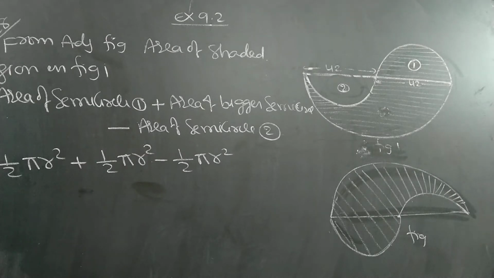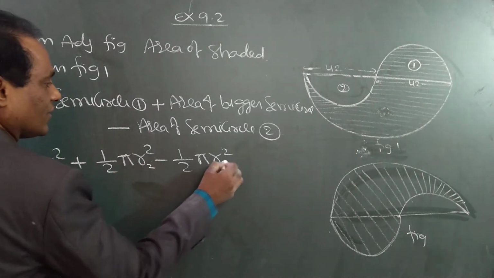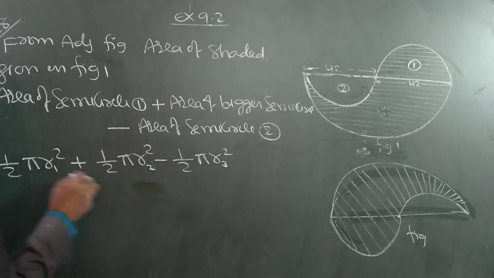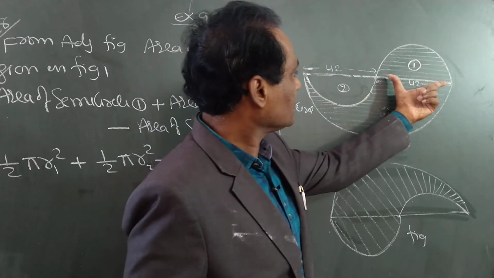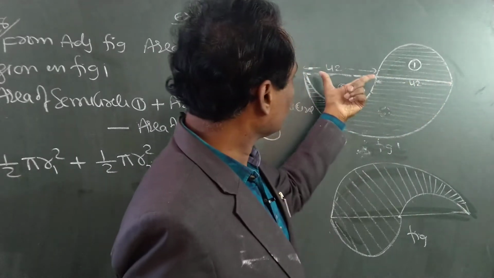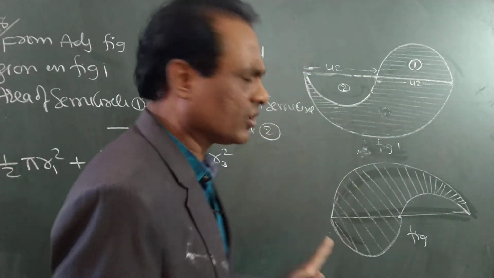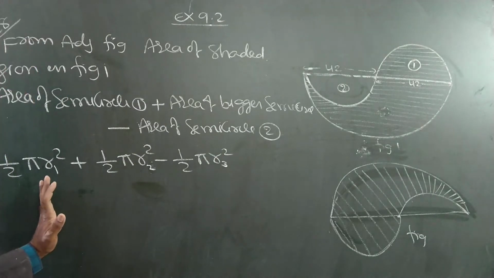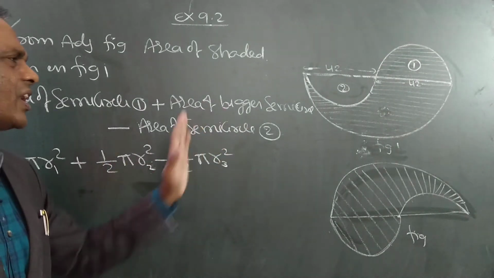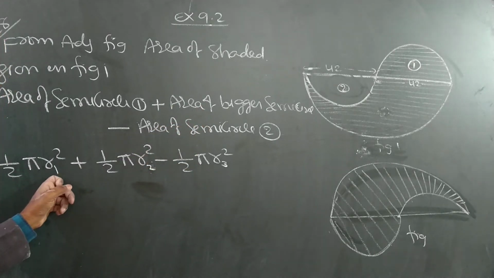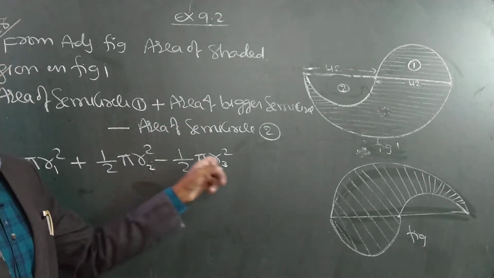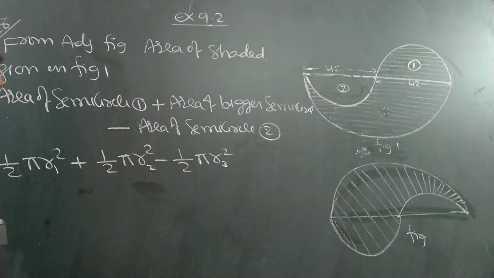Say this is r1, this is r2, this is r3, because the radius is different, no? This total is a different radius. So the formula is pi r square only, but instead of writing the same r for all, because we have 3 figures, let us write the first radius as r1, second radius r2, third radius r3. Or you can write r also.